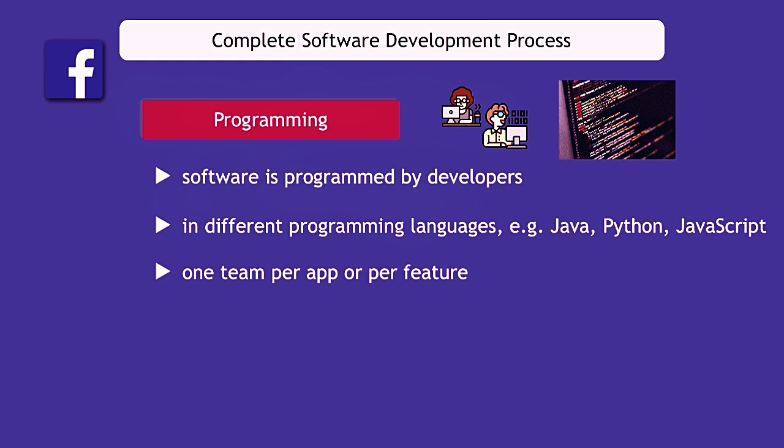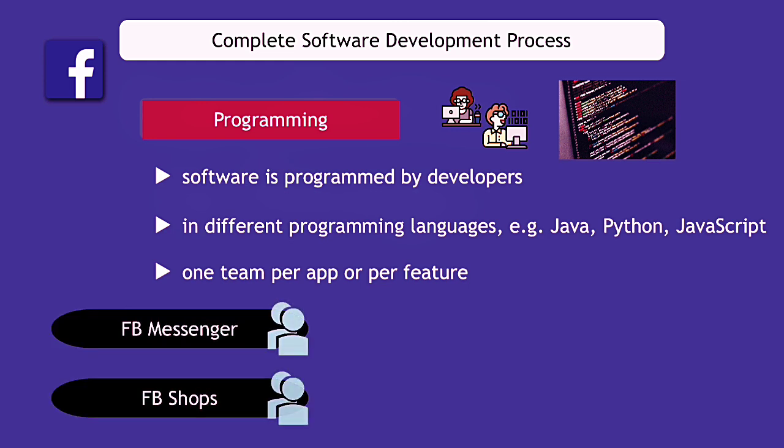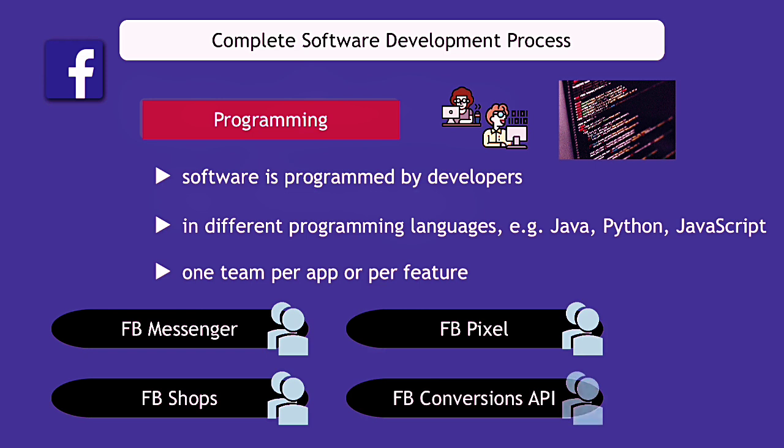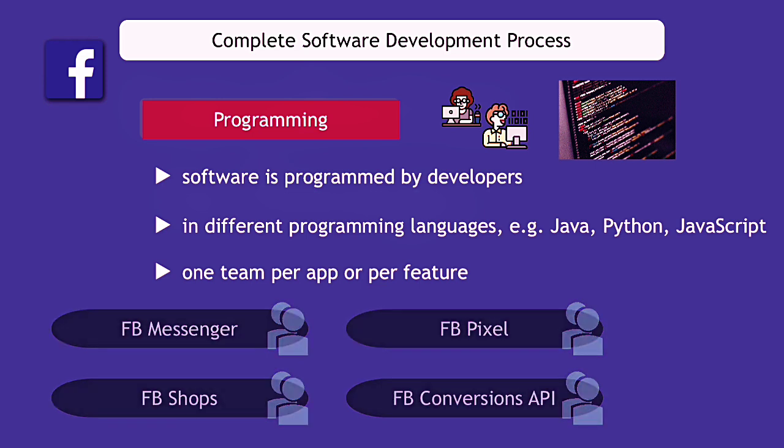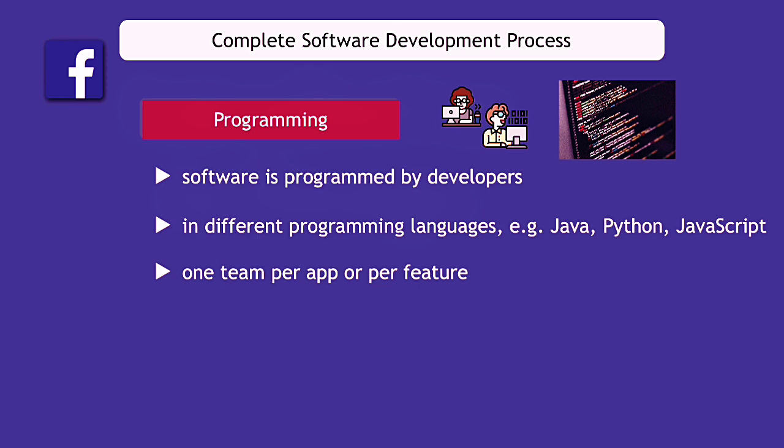So for example, Facebook Messenger will have its own development team. Maybe the business side or the business features of the Facebook application will have its own team, and so on. And these are the people who write code for creating new functionalities in the application. But also, if something doesn't work in the application, they also fix those issues.